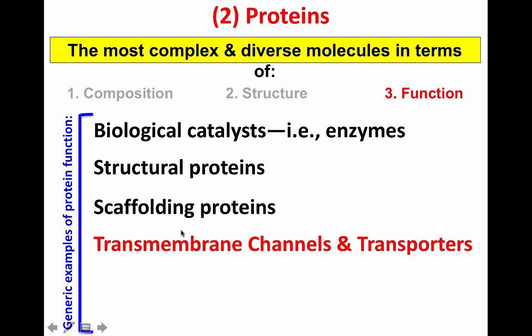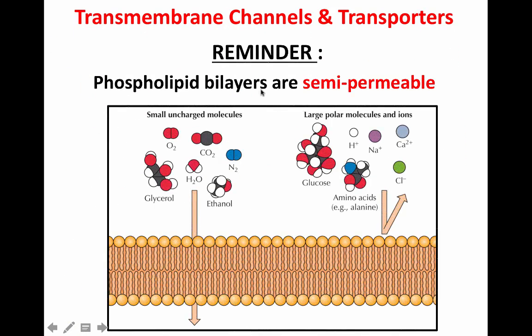A fourth function that many other proteins carry out is to serve as what we can call transmembrane channels or transporters. To think about this, I just want to give you a reminder of something that you've thought about many times now, right? And that reminder is that the phospholipid bilayers that make up cell membranes, recall, are semi-permeable, which means that there are some molecules capable of passing directly through them, whereas there are many other molecules, large polar molecules and ions, that are absolutely incapable of passing through the phospholipid bilayer.